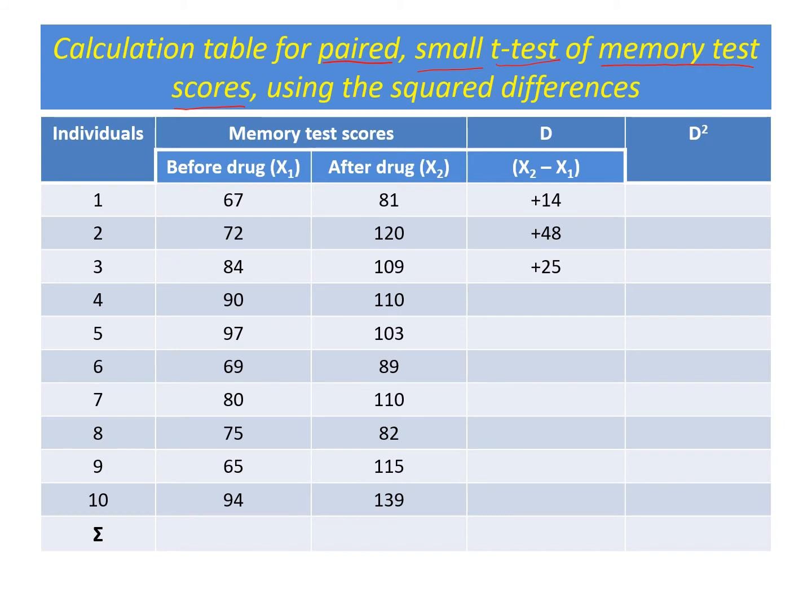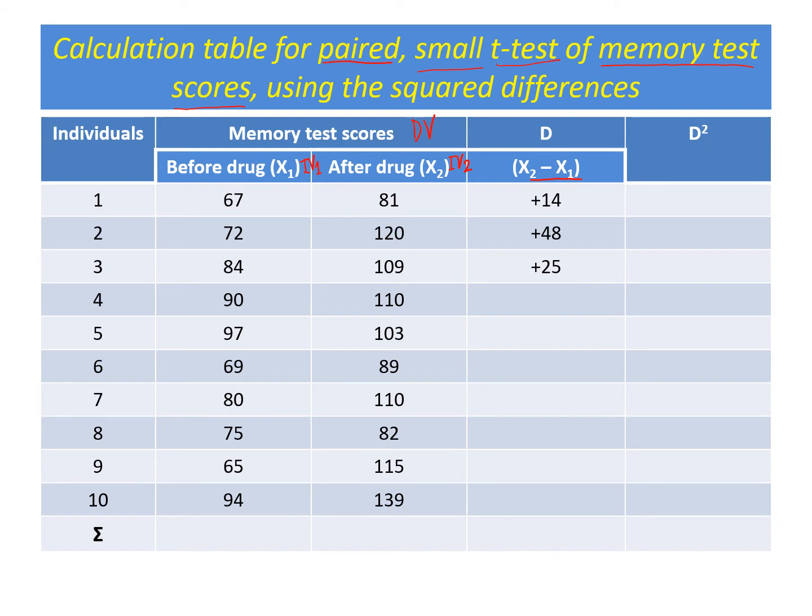So I am writing for your better understanding: the dependent variable is the memory test scores, this is IV level 1, and you can consider after drug as IV level 2. Now you have to identify the differences. See, this is very important: in the formula you have to do the subtraction x2 minus x1.